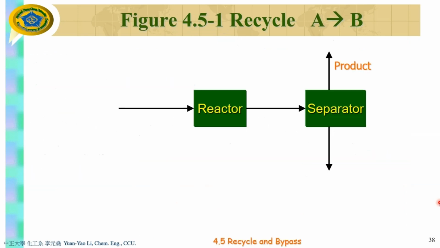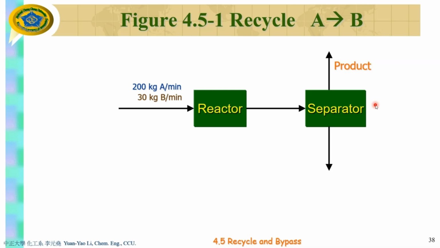Right. So now let's take a quick look at this figure, 4.5-1, recycle A to B. Let's say we have this reactor here, and we have a separator. Obviously, this reactor is not very good. The conversion rate is low. So that's why we need a separator.